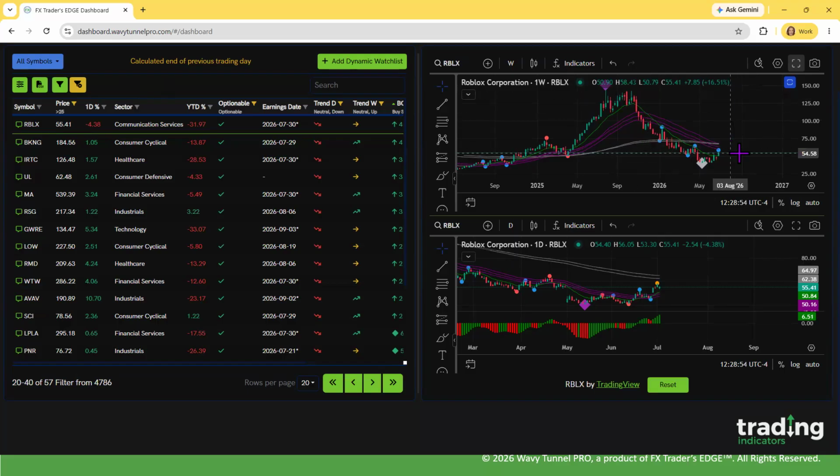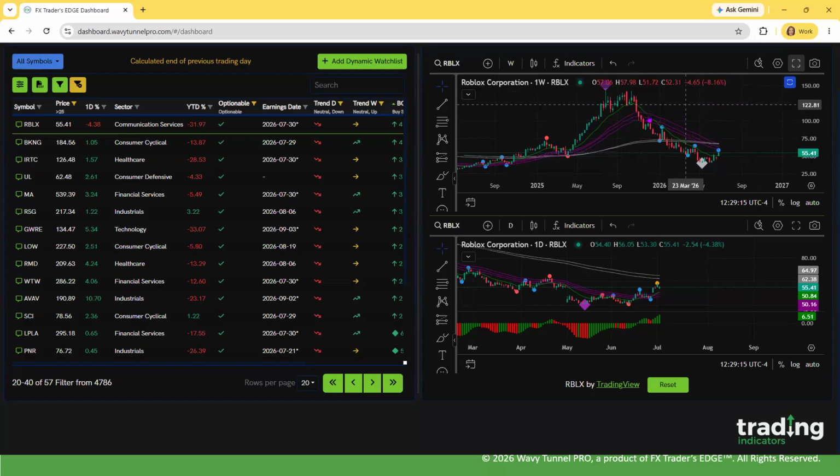Another thing that I can mention is this move down has been rather, it looks less corrective and more impulsive, this move down on the weekly chart.